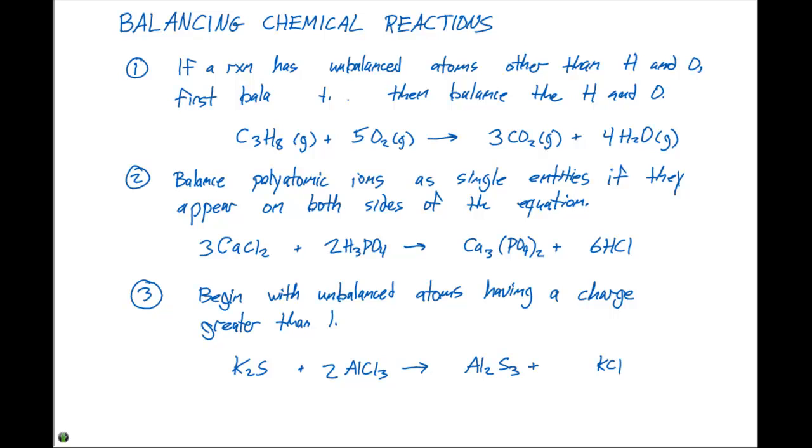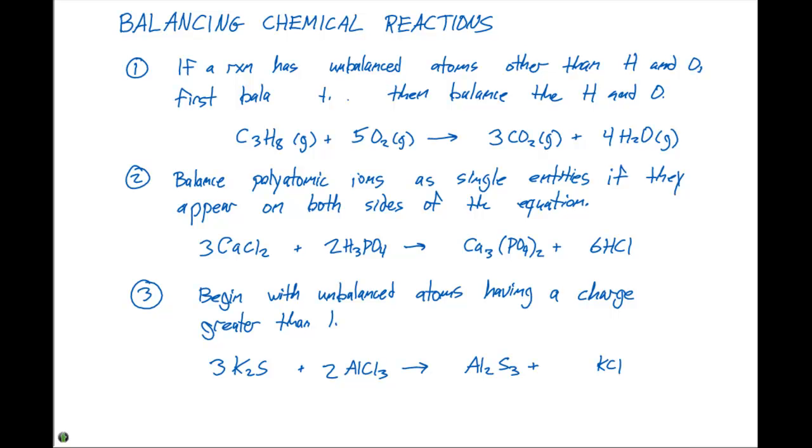The second thing we can look at is the sulfur. Here we have K2S, and over on the right we have Al2S3. So you have 3 sulfurs on the right, 1 on the left, so we're going to put a 3 in front of the K2S. This gives us 3 sulfurs, 2 aluminums, so everything is balanced with that first complex on the right.